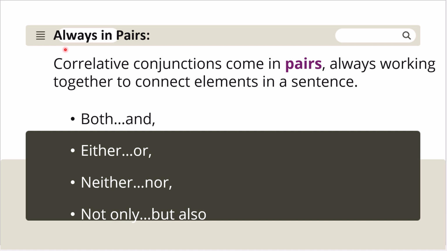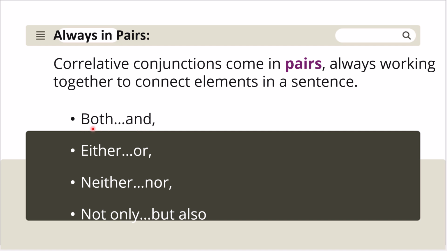Now look here, what's common and what you have to pay attention to. They always come in pairs. They are always in pairs. Correlative conjunctions come in pairs, always working together to connect elements in a sentence. So when you use both, you have to use the word and.